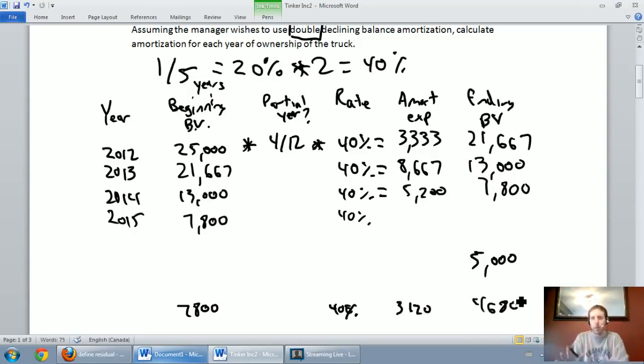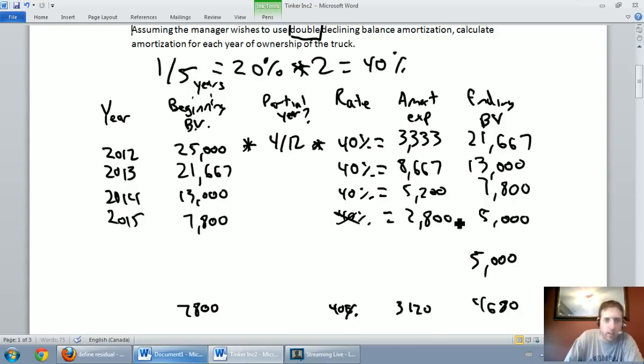Well, I've got to put on the brakes. I've got to hit the stop sign here. I can't go below my residual value in terms of amortization. So in this case, I'm not even going to multiply by 40%. I'm going to say, look, I need to end up at 5,000, no lower. If my default amortization is going to take me below 5,000, I just plug in the number that gets me there. And the correct number to get us there looks like 2,800, and again that's just 7,800 minus the 5,000, which is 2,800.